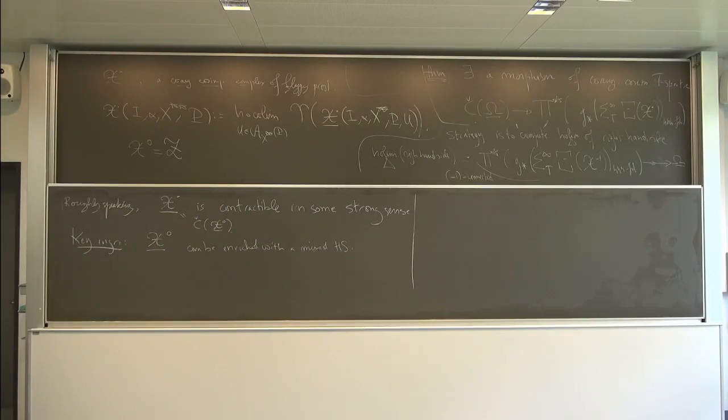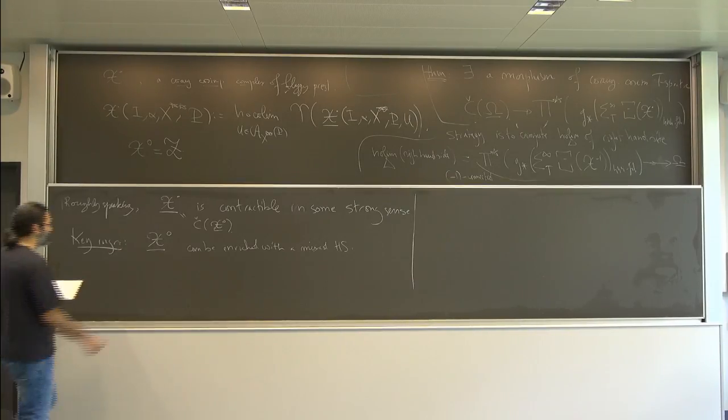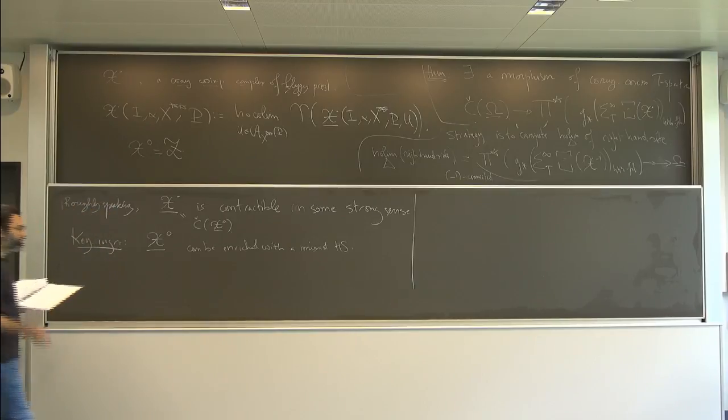Okay, so I'll maybe first say a bit more about how you can put a mixed Hodge structure on this object. This is not very difficult, but let me go through this. So the idea is as follows.